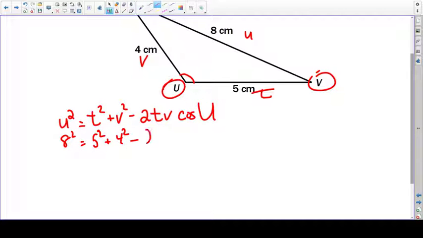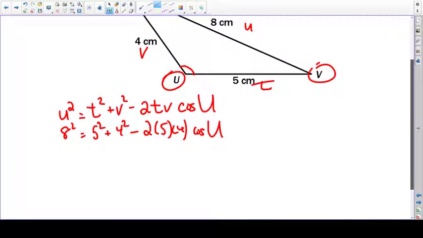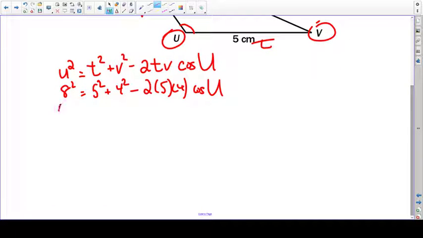Should be a minus sign. So that's 2 times 5 times 4 times the cosine of angle U. 8 squared is 64. 5 squared is 25. 4 squared is 16. Multiplying 2 times 5 times 4 gives us 40. And then it's times the cosine of angle U.